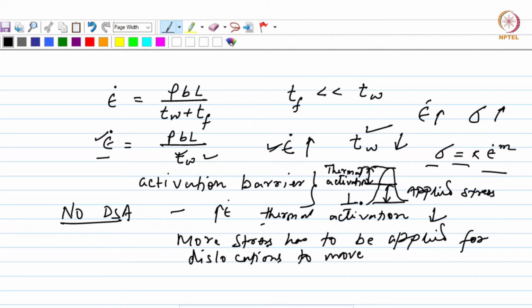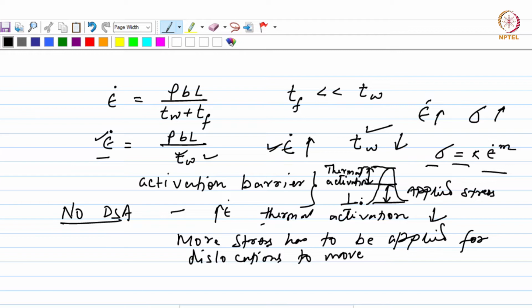As you decrease this waiting time, the dislocations waiting at a particular barrier will receive less thermal activation, because thermal energy comes in quanta. It does not come as a continuous flow.